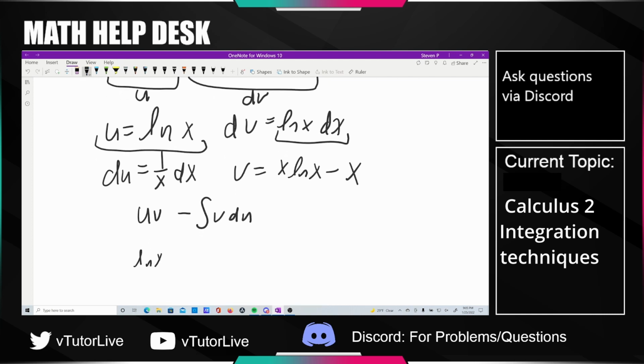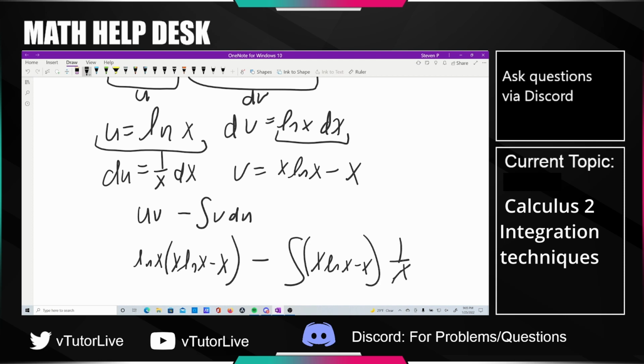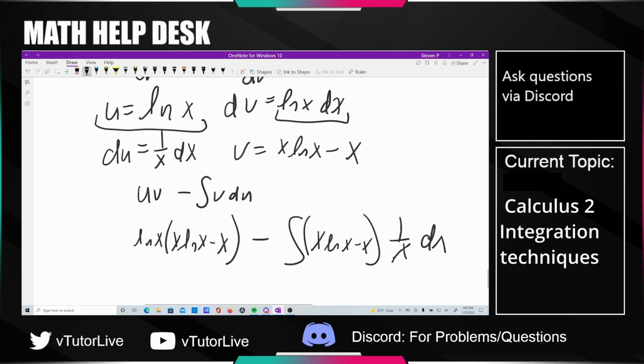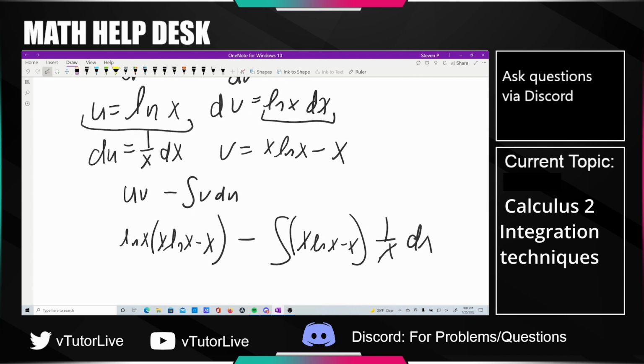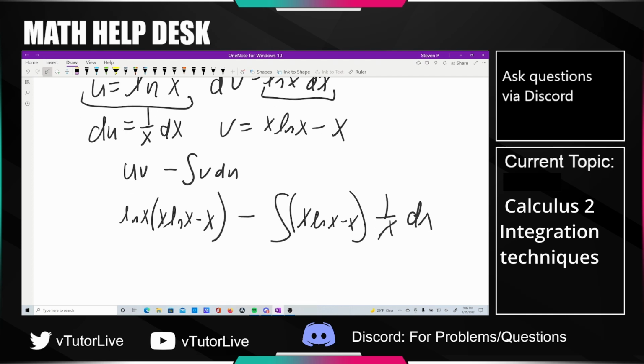We get ln of x times x ln of x minus the integral of x ln of x minus x times 1 over x. We could just use integration by parts again with the x ln of x. Well, actually, we don't even need to. The idea is that 1 over x and these x's cancel out, so all that you're left with is ln of x minus 1, which is a pretty darn easy integral, right?